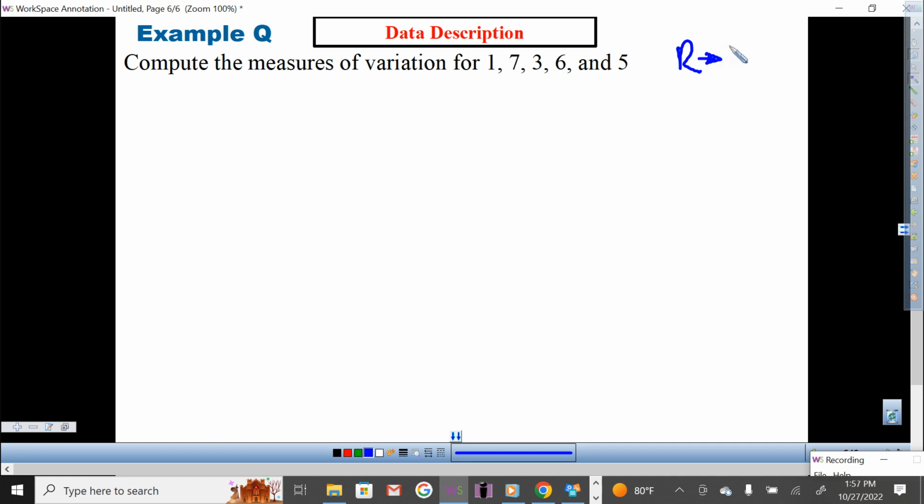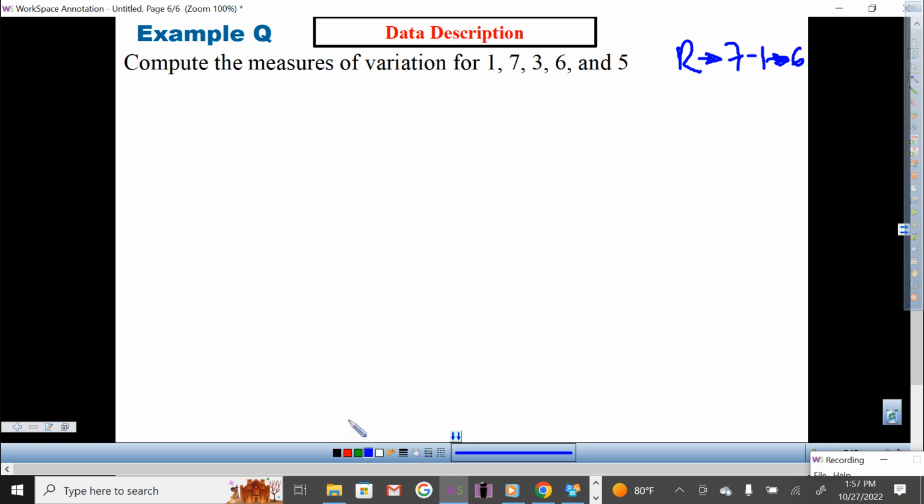What do I write? So we got the range, which is 6. Have we been doing range already? Yes, okay. What is the second measure that we're going to do?